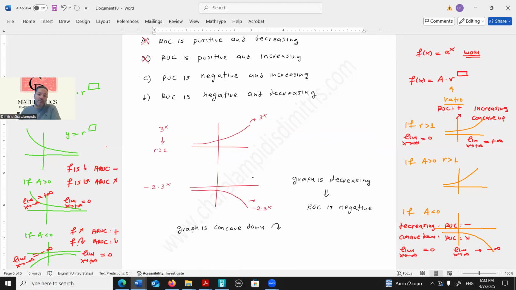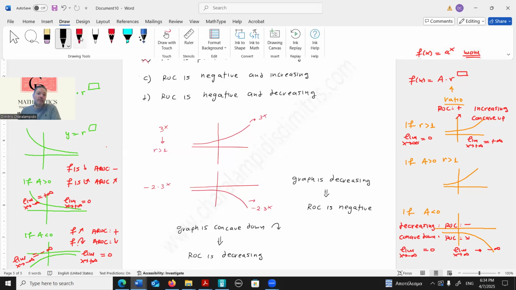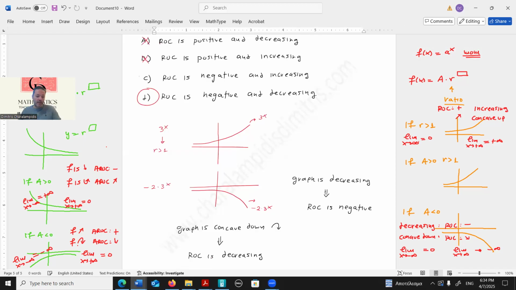So, graph concave down means rate of change is decreasing, which means we expect to have negative rate of change and decreasing, so the right answer should be D. Let's see if there is anything else similar to that, but I think that you should have got the whole point on that.